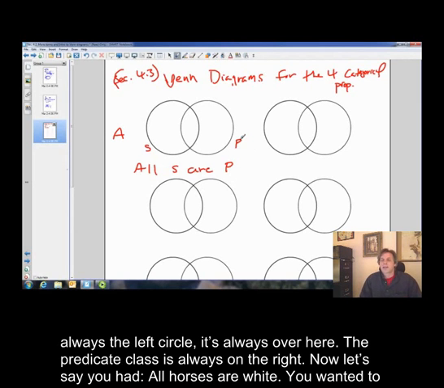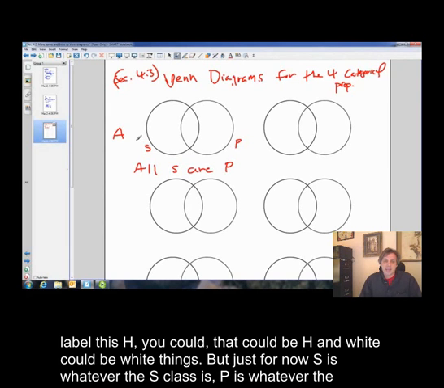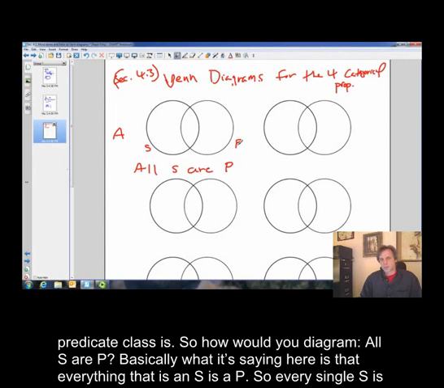The predicate class is always on the right. Now let's say you had all horses are white. If you wanted to label this H, you could, and white could be white things. But just for now, S is whatever the S class is, P is whatever the predicate class is. So how would you diagram all S are P?